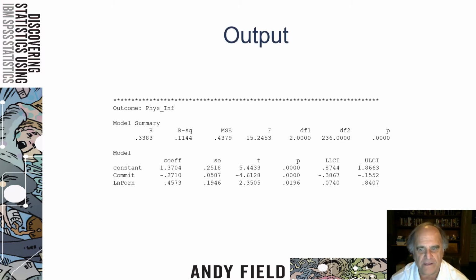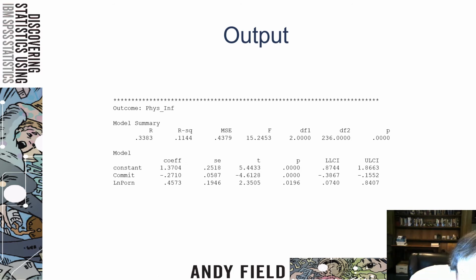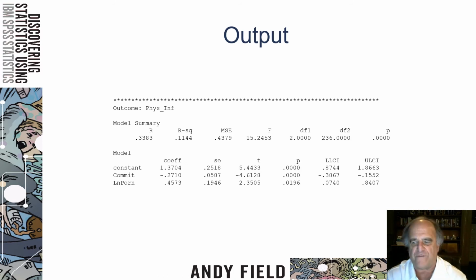Okay, so here's our second piece of output. In your book, this is labeled output 11.5. And now we're predicting physical infidelity from both commitment and pornography consumption. So this is really going to give us those other two paths.